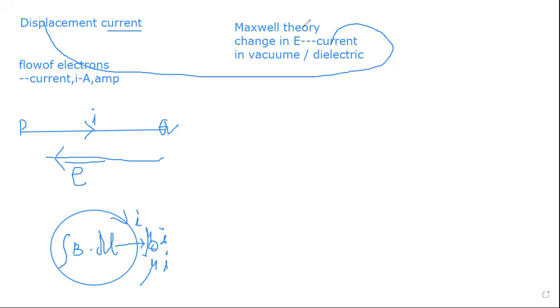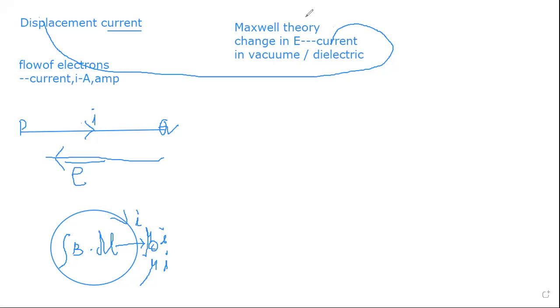As per Maxwell's theory, when electromagnetic radiation like sunlight propagates through vacuum or any dielectric substance, which may not be a good conductor, if there is a divergence in the electric field, current is produced. That current is called displacement current.